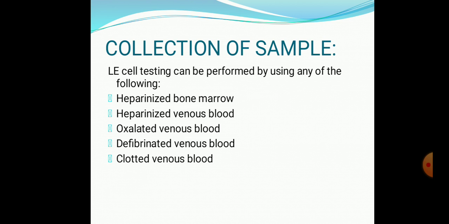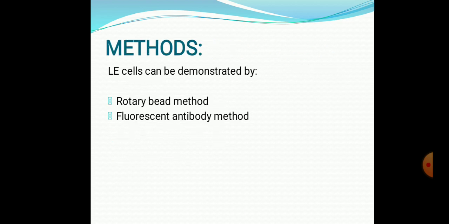Collection of sample. LE cell testing can be performed using any of the following: heparinized bone marrow, heparinized venous blood, oxalated venous blood, defibrinated venous blood, or clotted venous blood. Methods. LE cells can be demonstrated by the rotary bead method or the fluorescent antibody method.